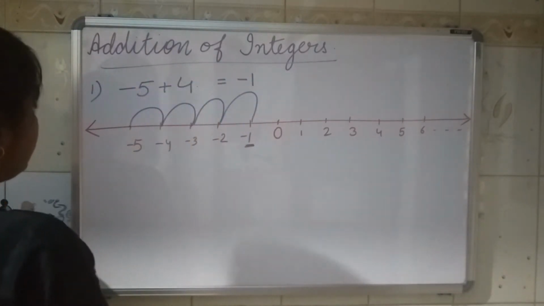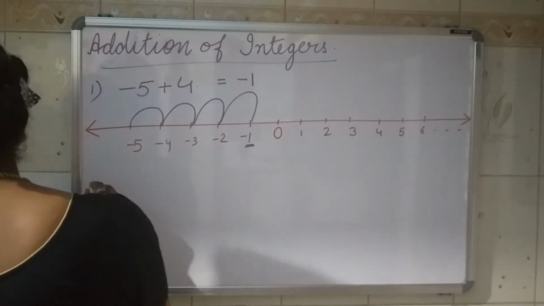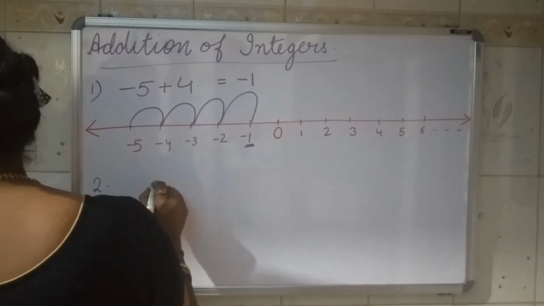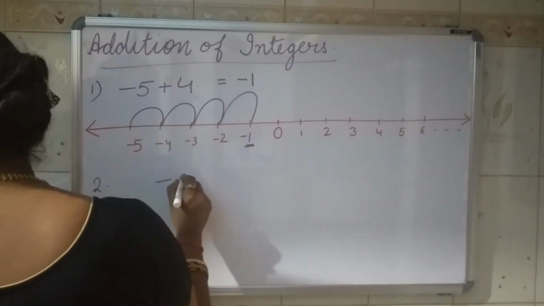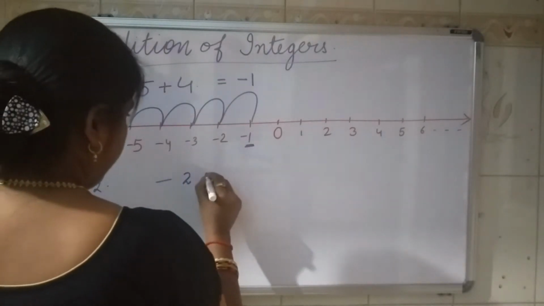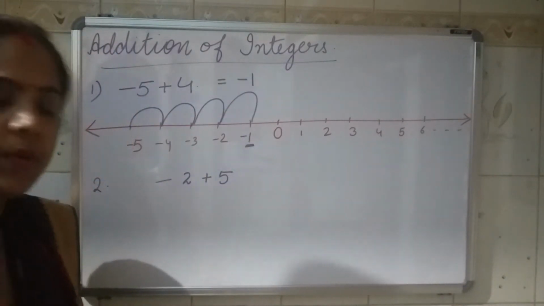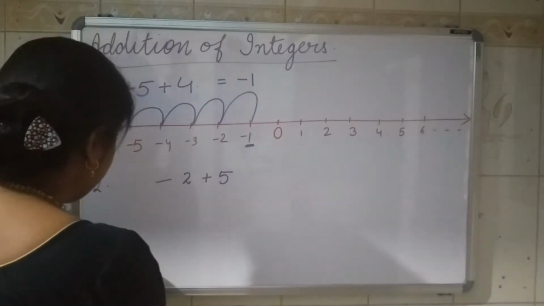If I am taking another number, for example, minus 2 plus 5. Okay. The same thing, we have to make a number line.